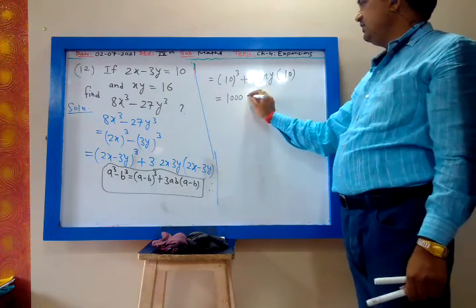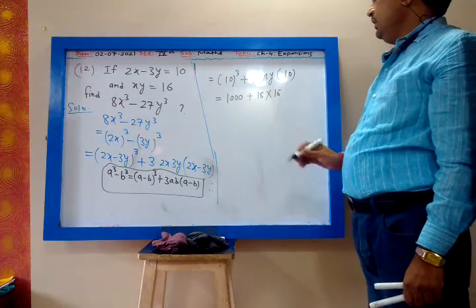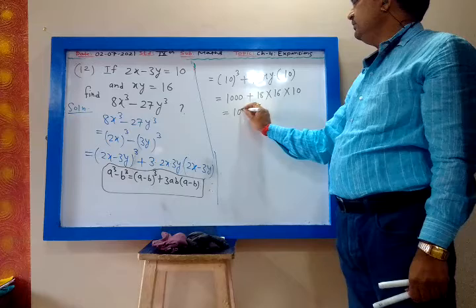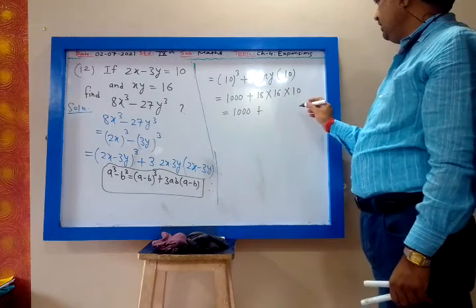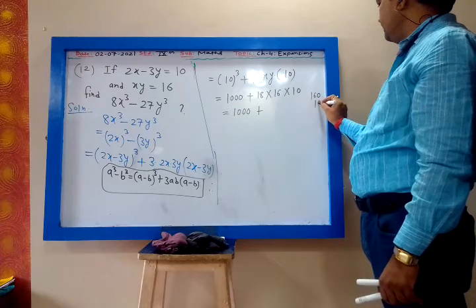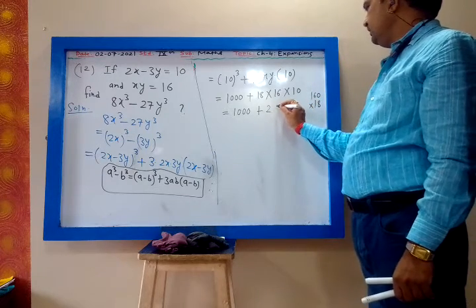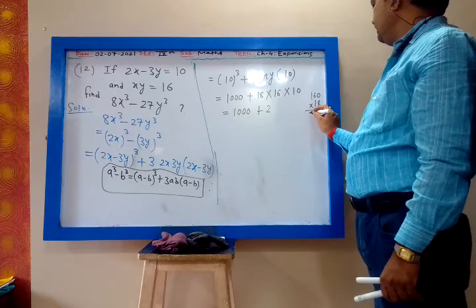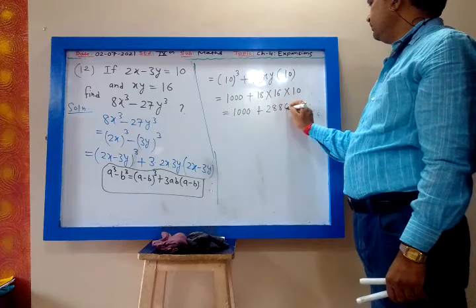xy is 16. 18 into 16 into 10. So that is 1000 plus 18 into 160, 160 into 18, 2880.